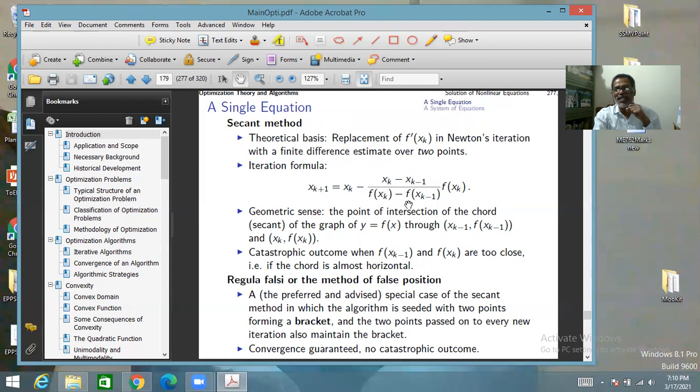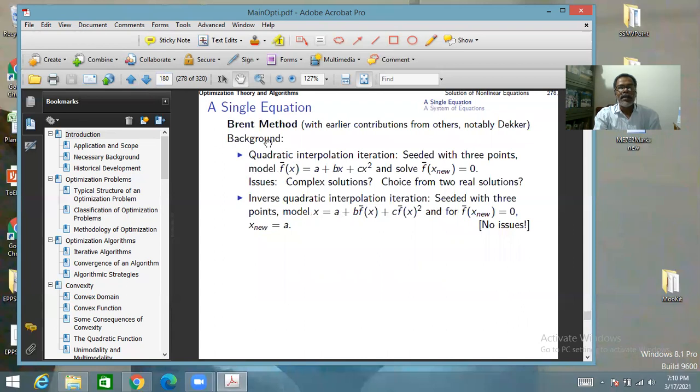So the difference cannot be 0. The difference cannot be very small either. So that is why regula falsi, this method of false position, or in other words, the secant method with maintenance of the bracket, is convergent. There is no problem there. However, there are better methods. And currently, Brent's method is considered the best to solve a single scalar equation.